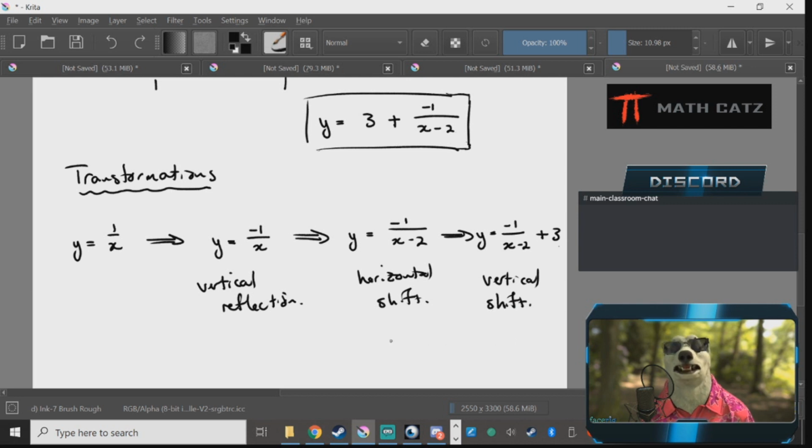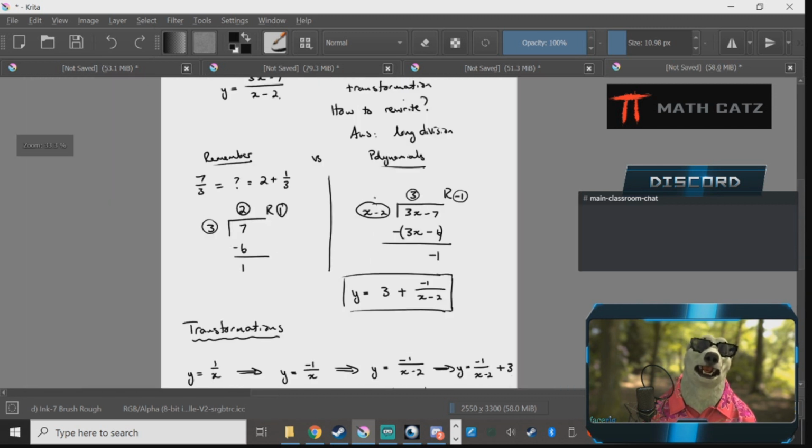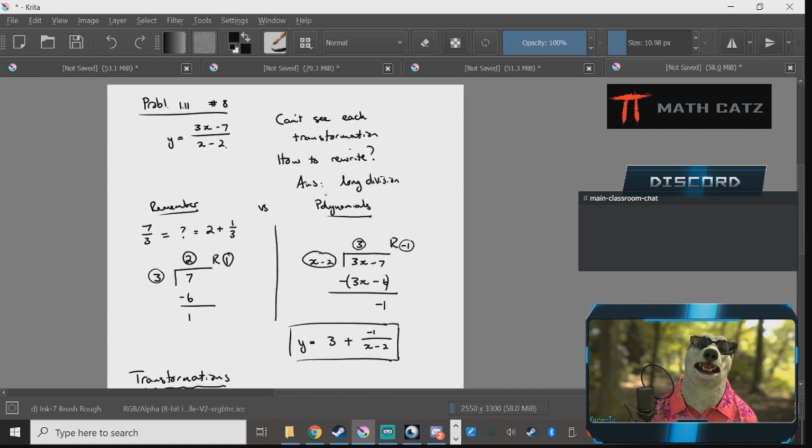Vertical shift. And then you can graph it if you want to. Okay. So in order to see the transformations, if there are x's in the numerator, I have to do long division.